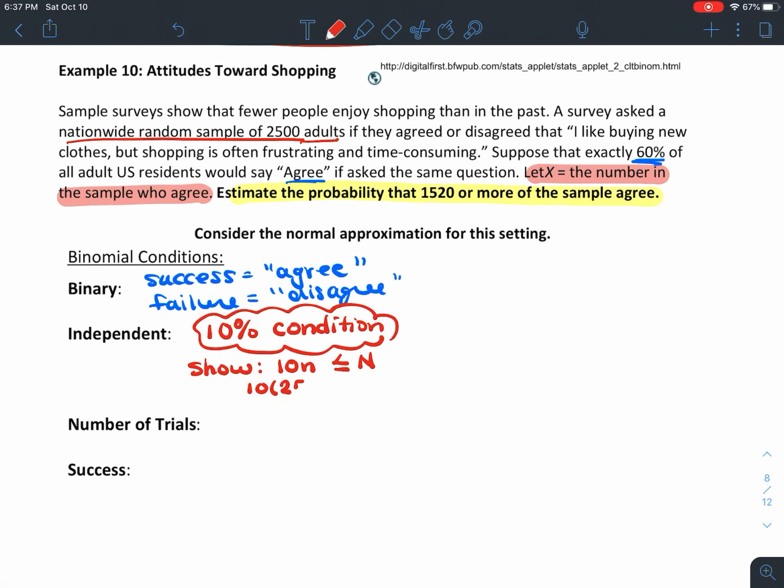Our sample is the 2,500 adults. I don't know how many adults there are in the U.S., but I'll write all U.S. adults. I think it is certainly safe to assume that 25,000 is less than all the U.S. adults in our country. So that definitely meets the 10% condition, which means it meets the independence condition.